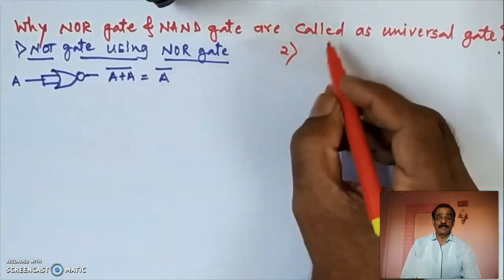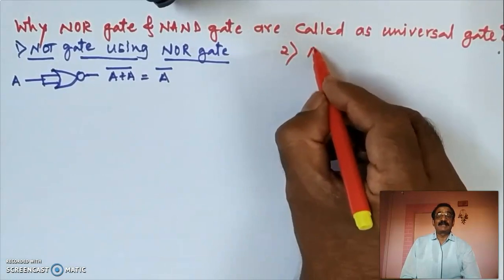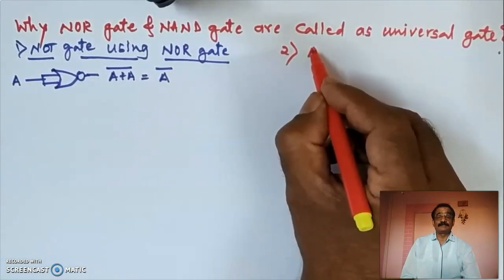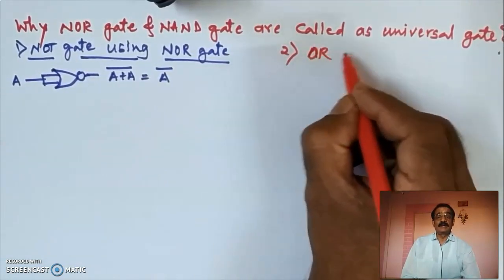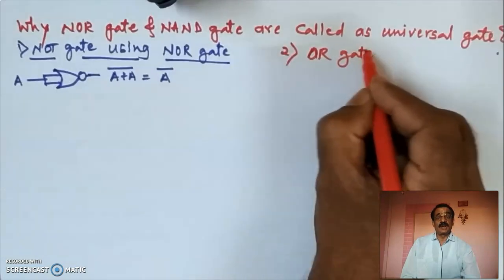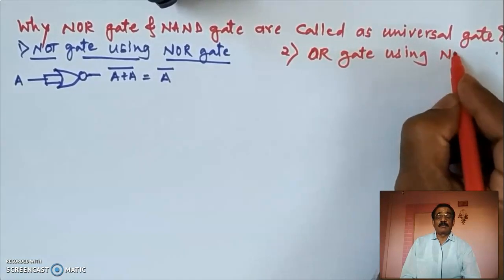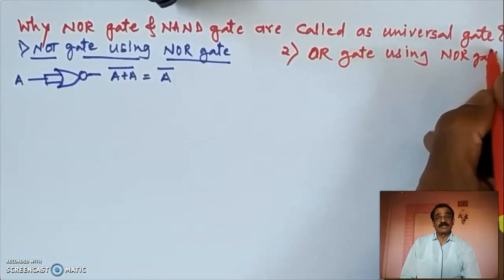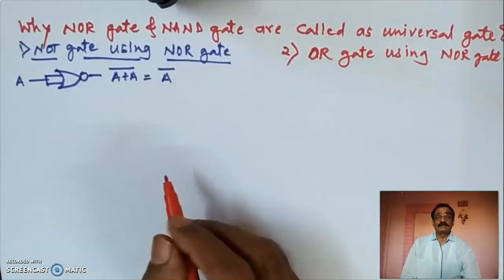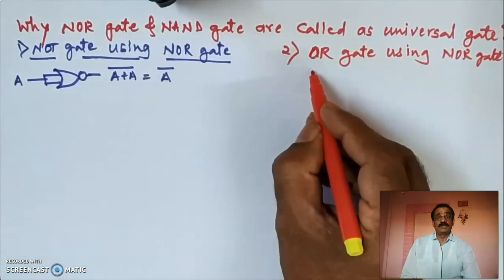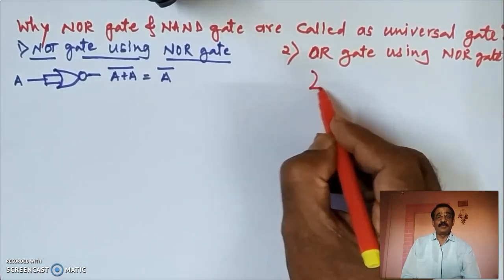Now second, how the OR gate is constructed using the NOR gate. For this, first draw the symbol of the NOR gate, show the A and B inputs.